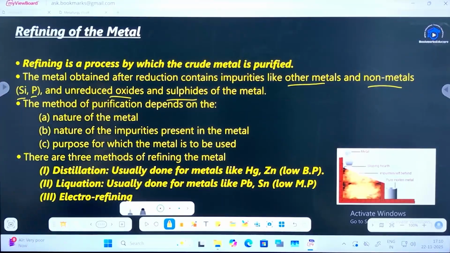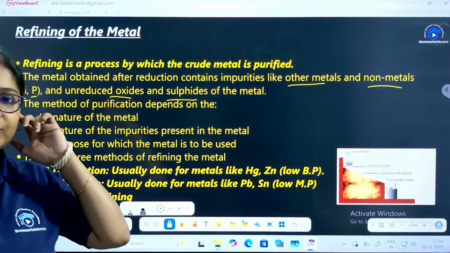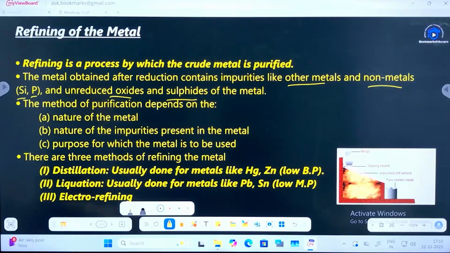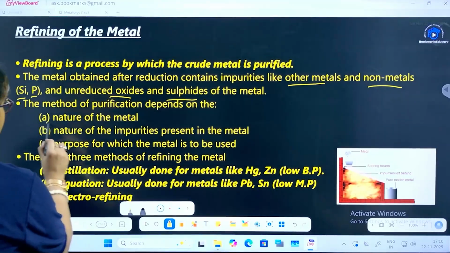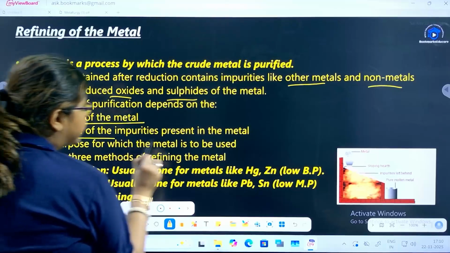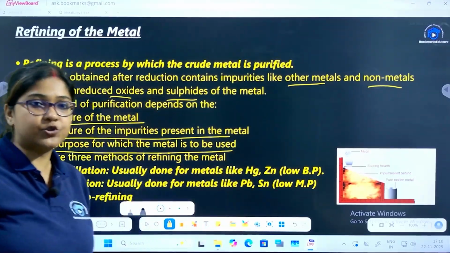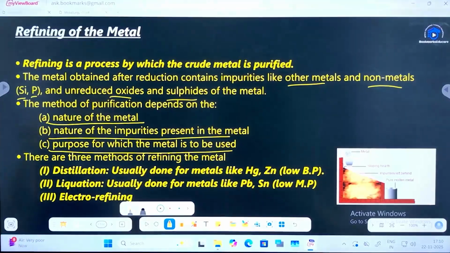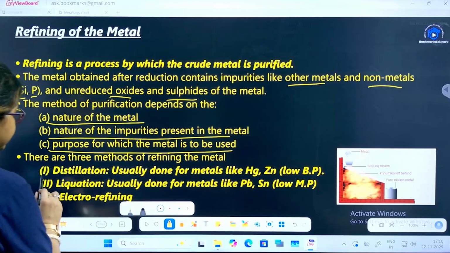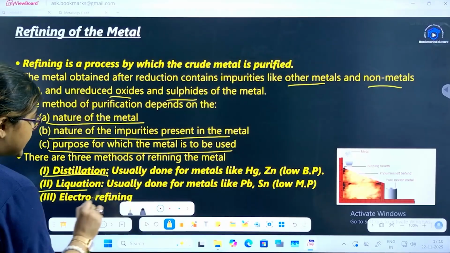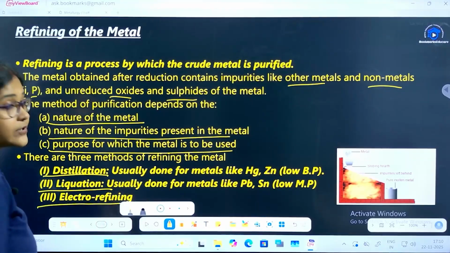To remove them, you have to choose some methods, and this purification depends on the nature of the metal, the nature of the impurities, and the purpose for which the metal is to be used further. Depending on this, there are 3 methods: one is distillation, one is liquation, and the other is electro refining.